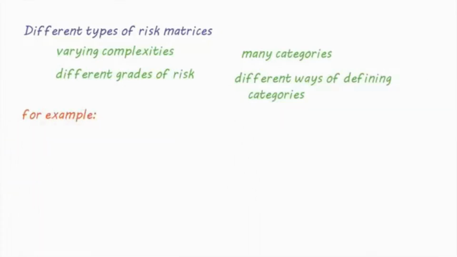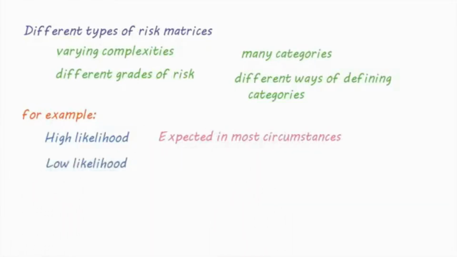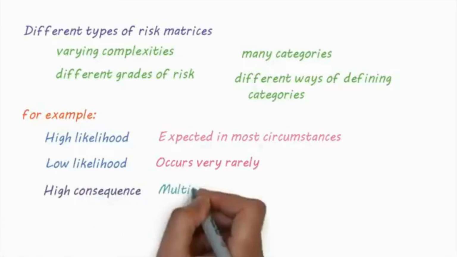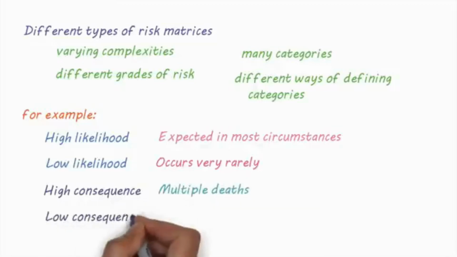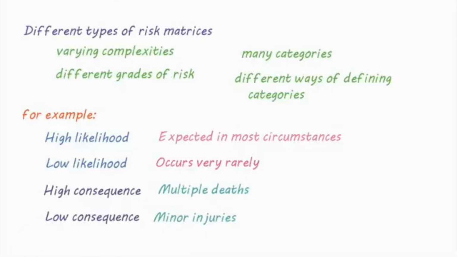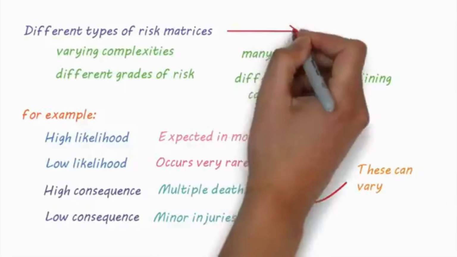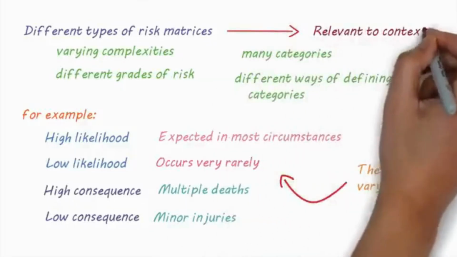For example, a high likelihood may mean that it's expected to occur in most circumstances, and a low likelihood may mean that it may occur only very rarely, such as once in 100 years. With consequence, a high consequence may mean multiple deaths, and a low consequence may mean only minor injuries. So, the risk matrix and the categories that are used can vary, and therefore should be relevant to the situation and context in which the risk assessment is done.